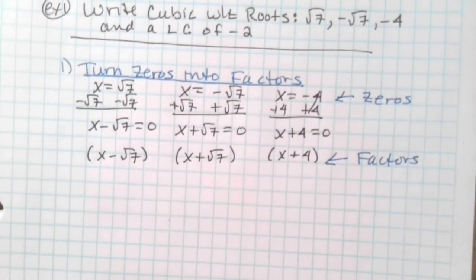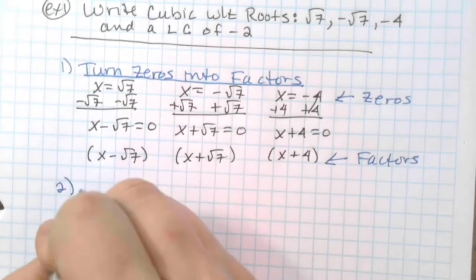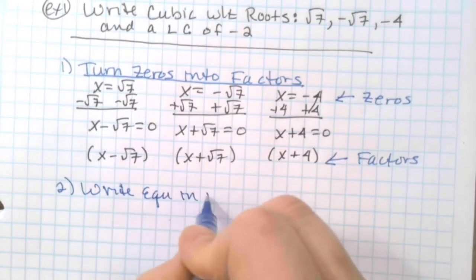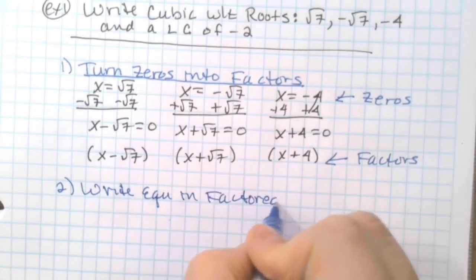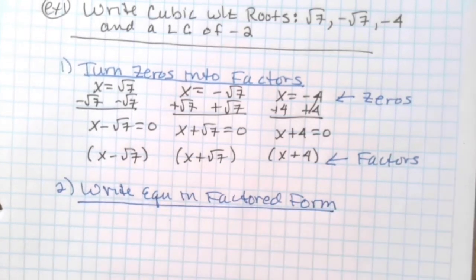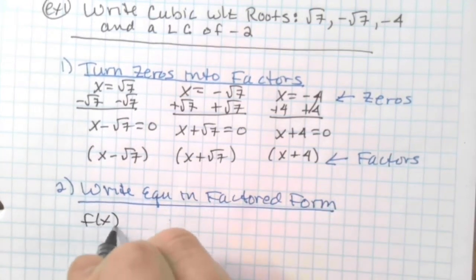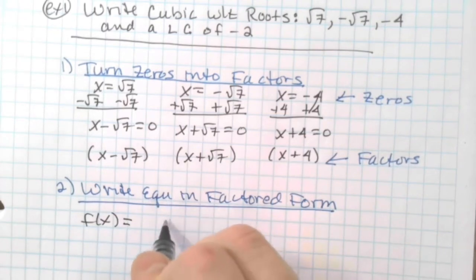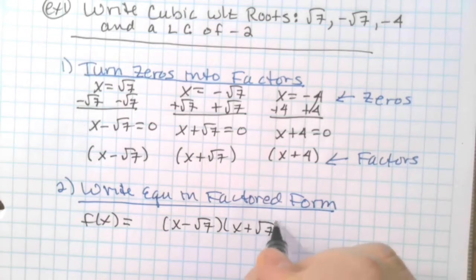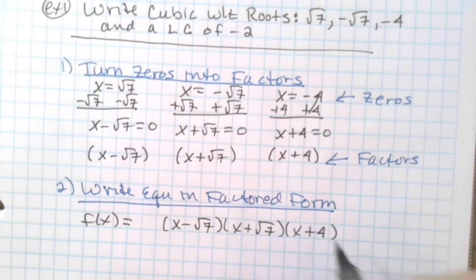Okay. So then the second step is you write the equation in factored form. So f of x equals, leave a little space there, x minus radical 7, x plus radical 7, x plus 4.